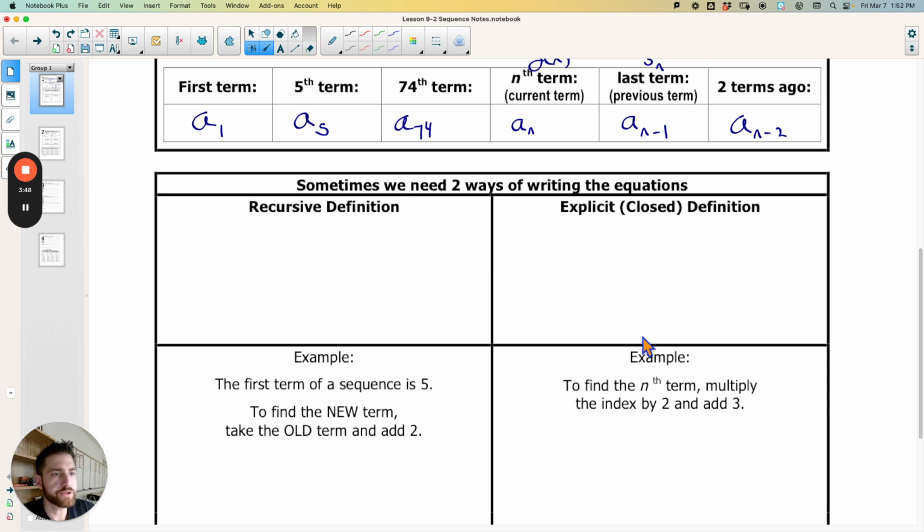Okay, so sometimes you're going to need 2 ways of writing the equations. So the recursive definition uses the previous term to find the next term.